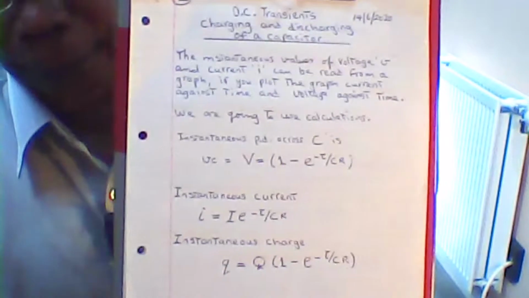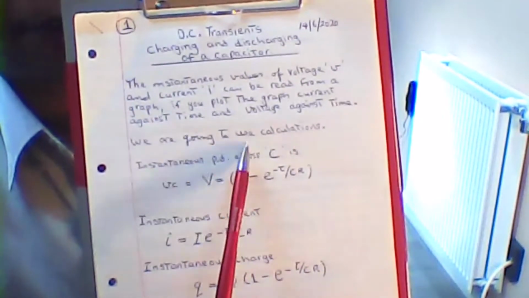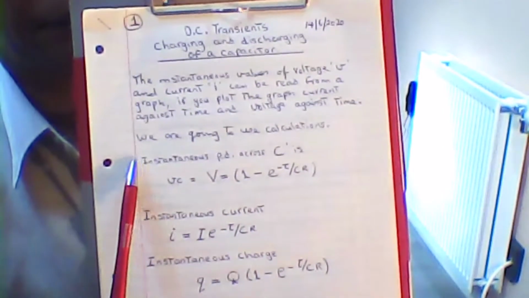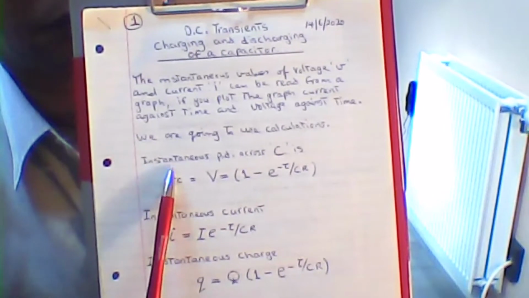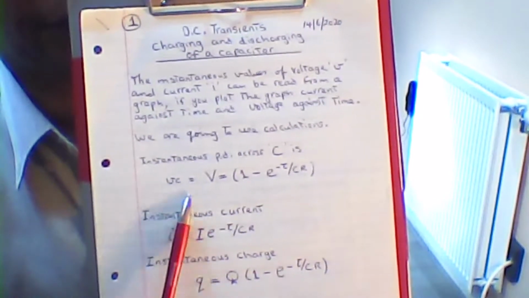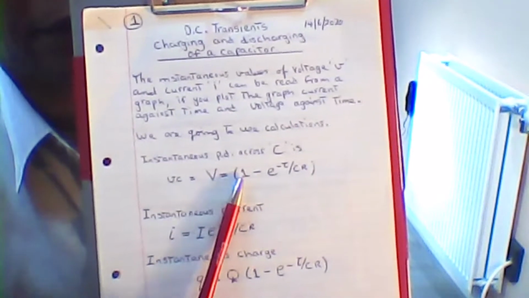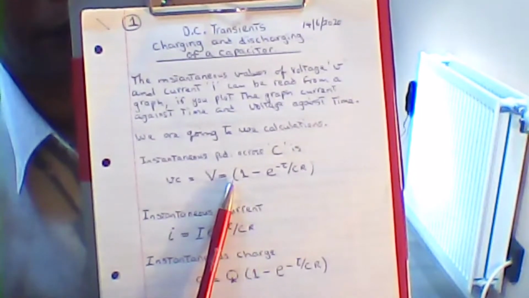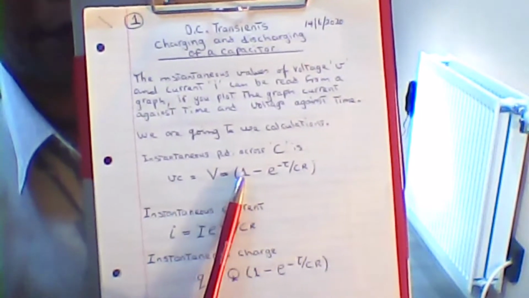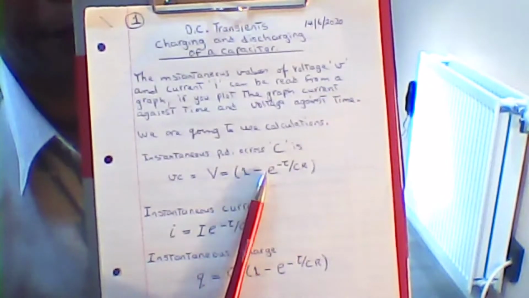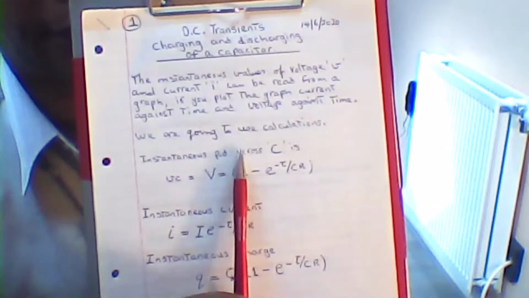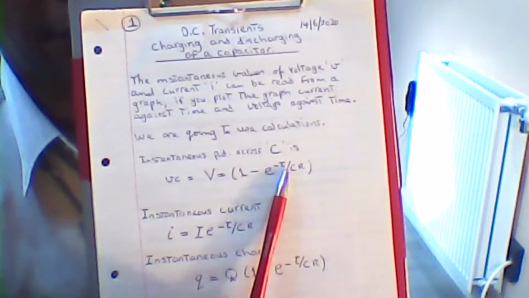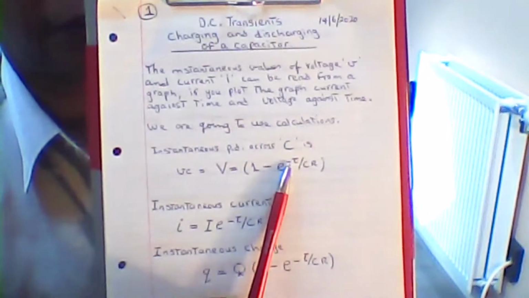Now the instantaneous potential: VC equals V, open brackets, 1 minus e to the minus t over CR.